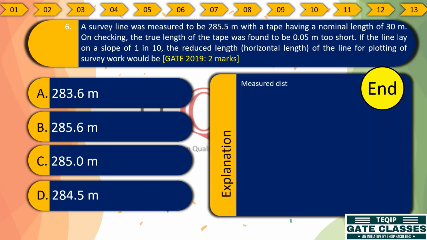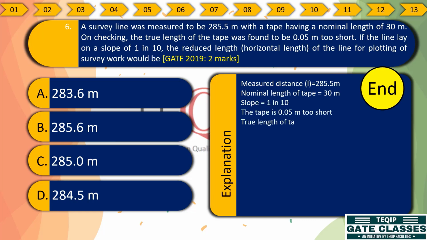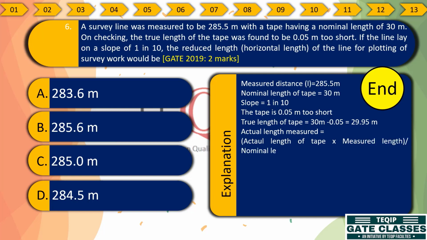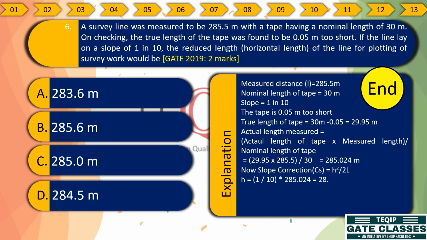The measured distance in the question is 285.5. The nominal length of the tape is 30 meter, which is given in the question, and the slope is 1 in 10. The tape is 0.05 meter too short. That means our true length of the tape is 29.95 meter after deducting the error.